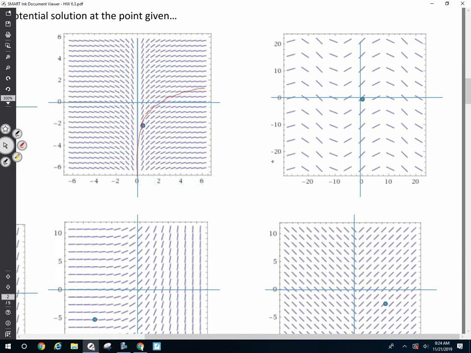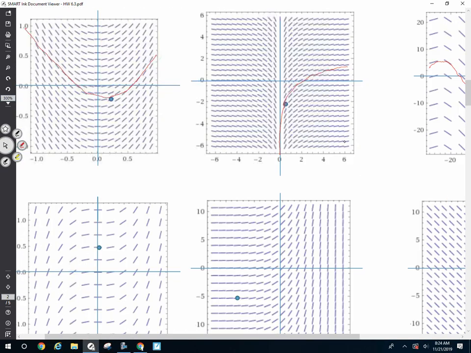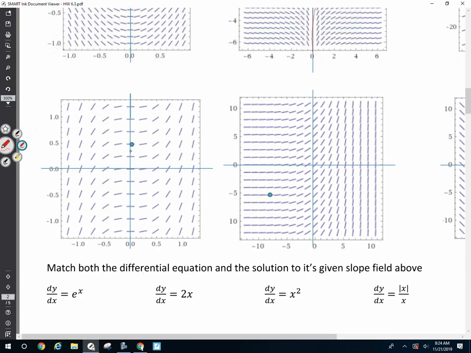Okay, let's look at this guy. Hits it, comes back down, keeps going down. Okay, then I go the other way. Hits that, it's gonna come up, come over. All right, let's see. This one looks like I'm gonna go up like that, pop down like that.